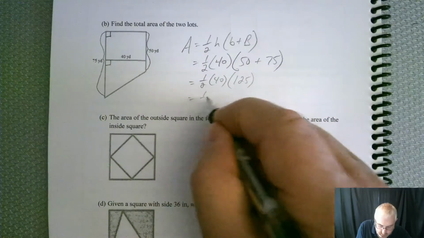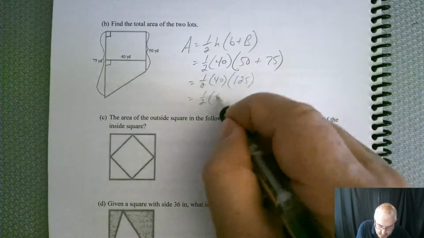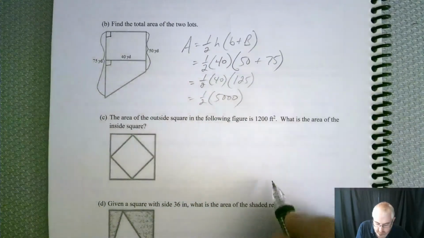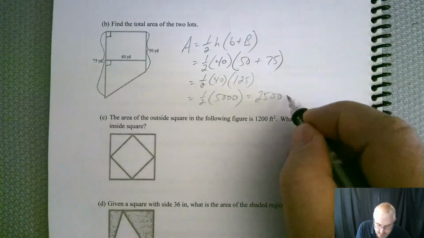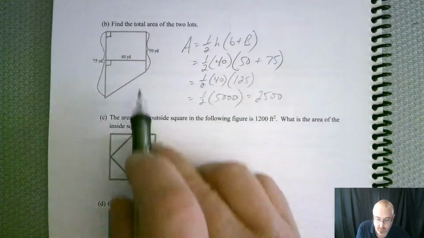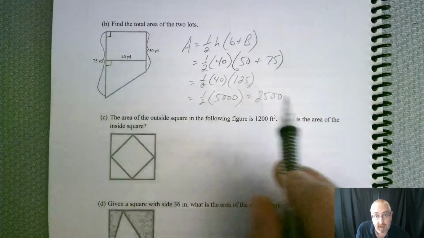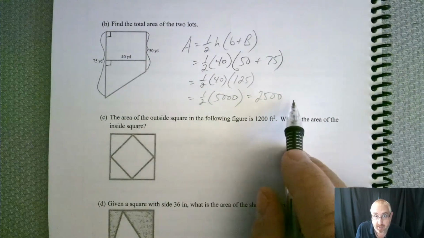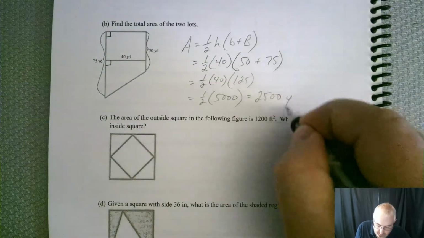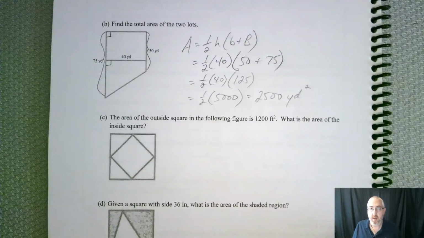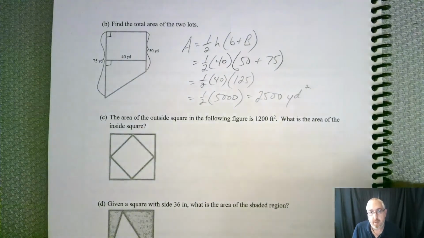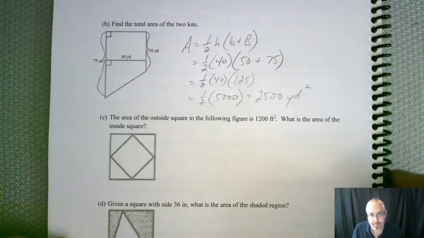And so we got 1/2 of 5,000, which is 2,500. Now the units are in this problem, so we've got to make sure we put the right units in our answer. Since it's area, don't forget the exponent on the units. So 2,500 yards squared. So I think we're looking pretty good.